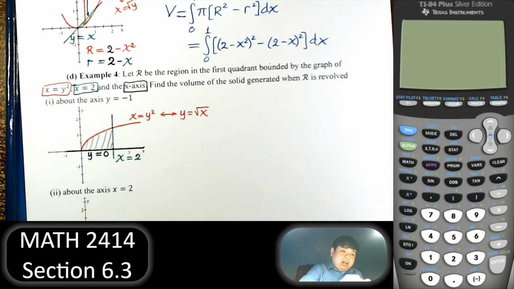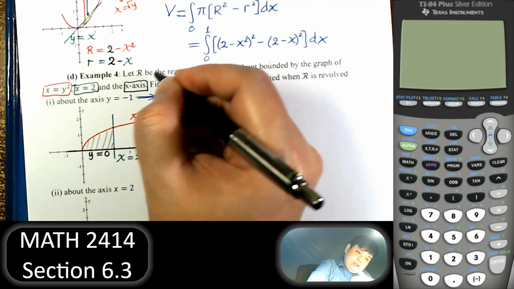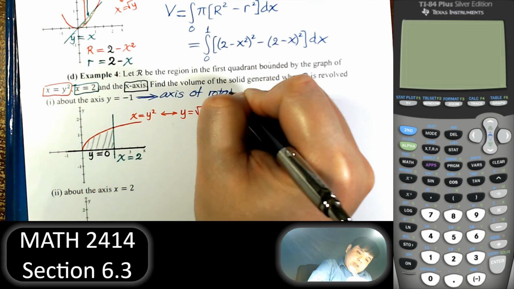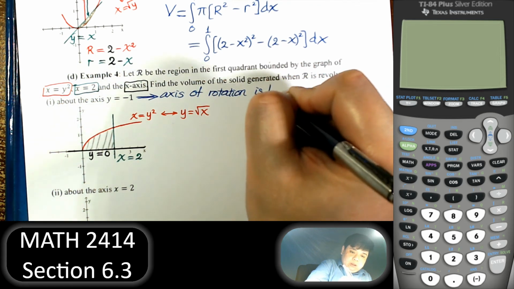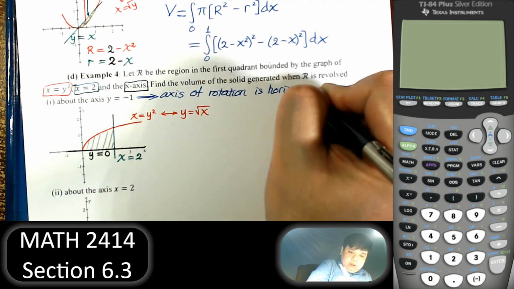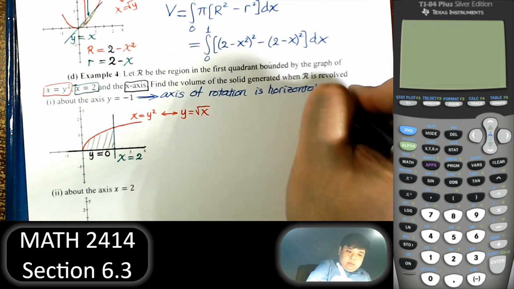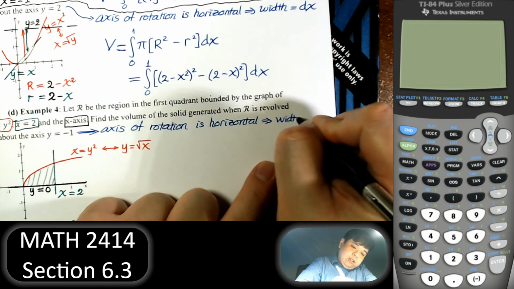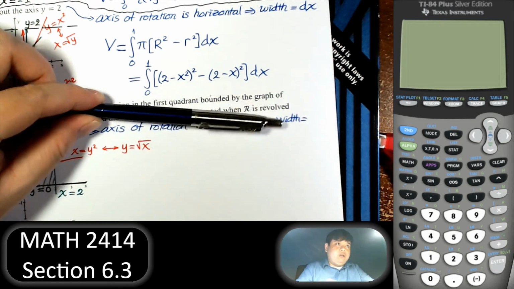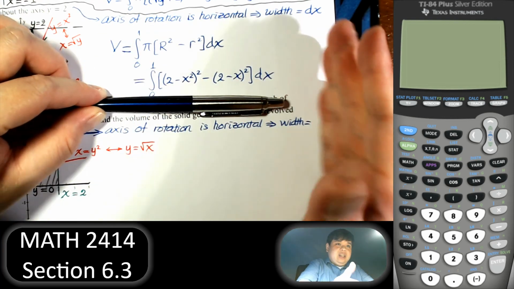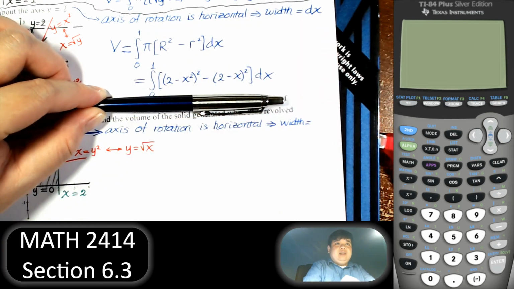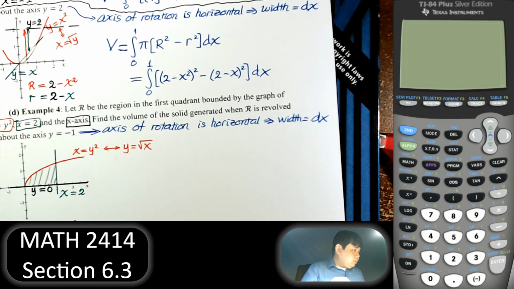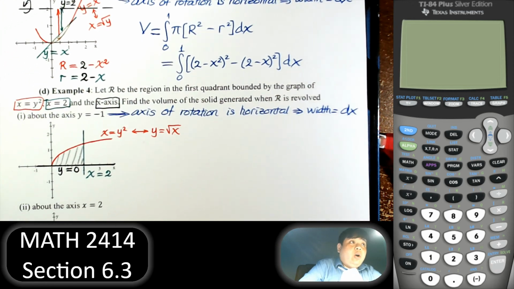Y equal to -1, that is horizontal. So because of that, the width is horizontal, and we're going to slide that. Each one of them is dx because it is horizontal. And is there a hollow region or not?